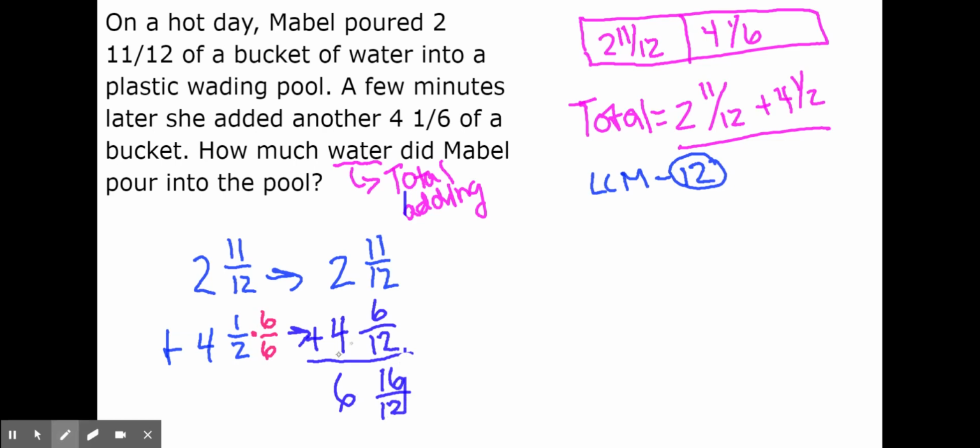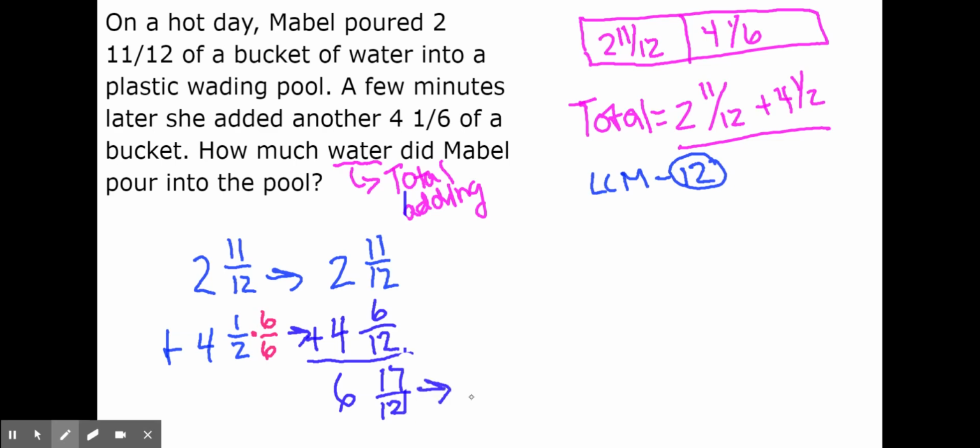Okay, so when you're doing mixed numbers and improper fractions, either the whole thing has to be improper or none of it can be improper. So 17 twelfths, we need to make that into a proper fraction.